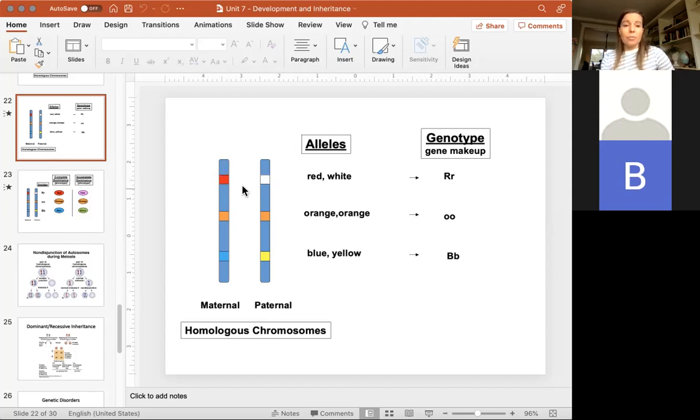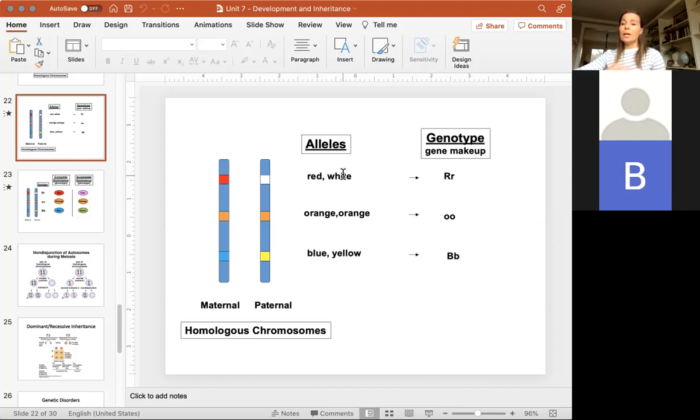So here we're just looking at this first gene. You have a red allele, you have a white allele, and the red one is dominant. When you have one that's dominant, the other one is called recessive. And it is the dominant one that you actually would see.